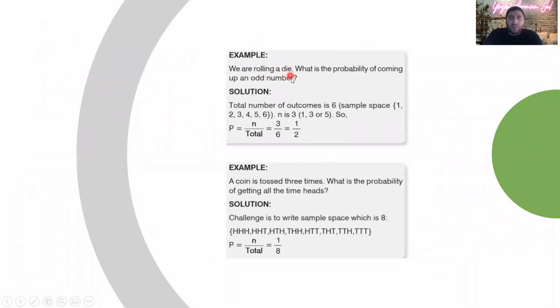We are rolling a die. What is the probability that the die lands on an odd number? So guys, on a die, how many sides do we have? We have 1, 2, 3, 4, 5, and 6.